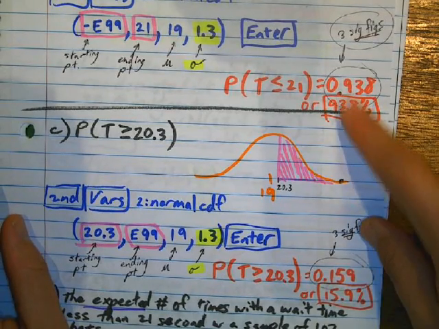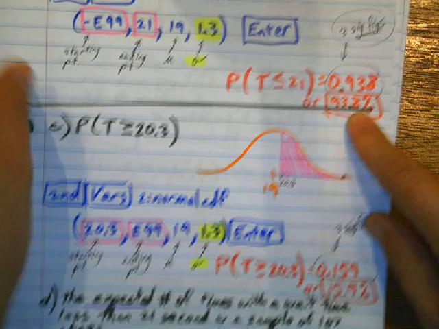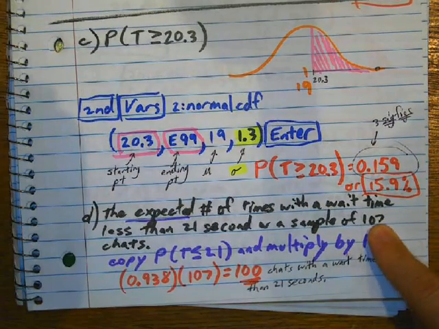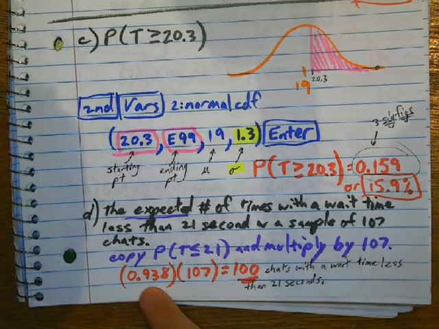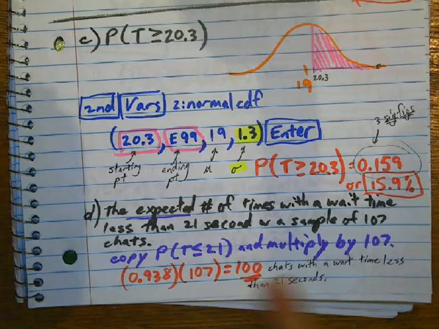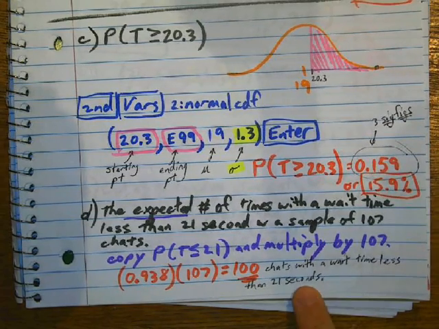That's our percentage, right? So if our sample number of chats is 107, then if we multiply this value times 107, that tells us the number of chats that are going to be less than 21 seconds.